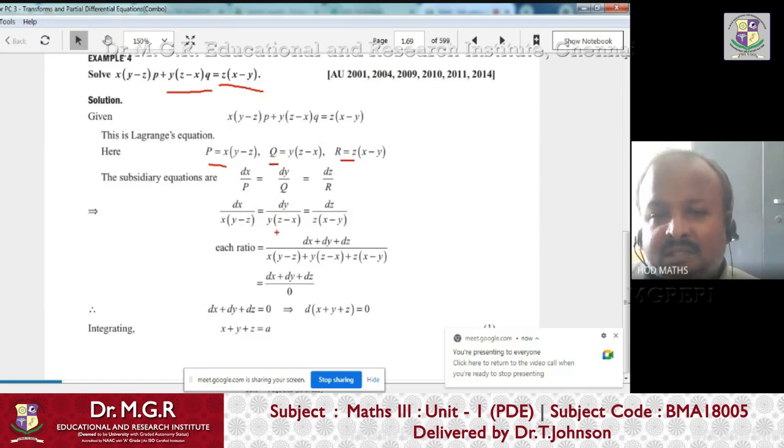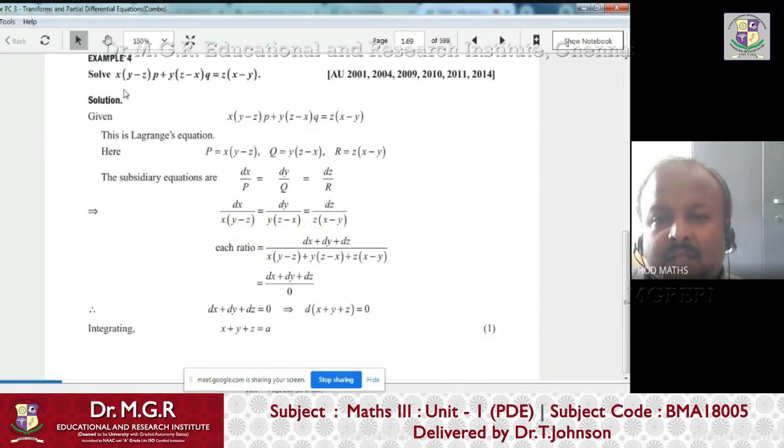But one thing you can see here: if you multiply this term by x, then you have minus xy here and plus xy there. Similarly, minus zx is there and plus zx is here. Similarly, minus xy is here and plus xy is here. So I will just type it.